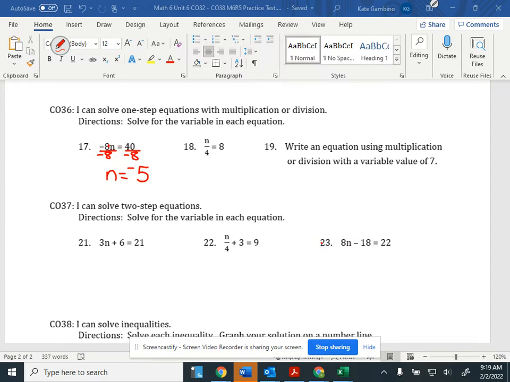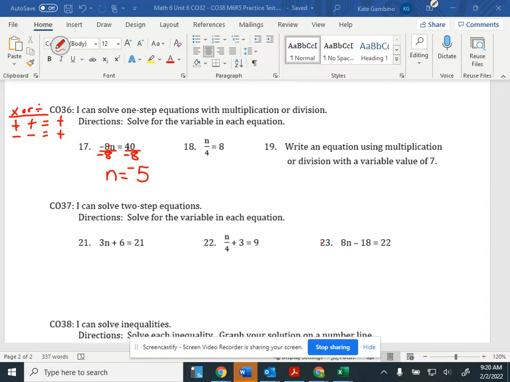So again, another thing you can put on your help sheet, if you don't already have it: when we multiply or divide a positive and a positive, our answer will be a positive. When we multiply or divide a negative and a negative, our answer will be a positive.